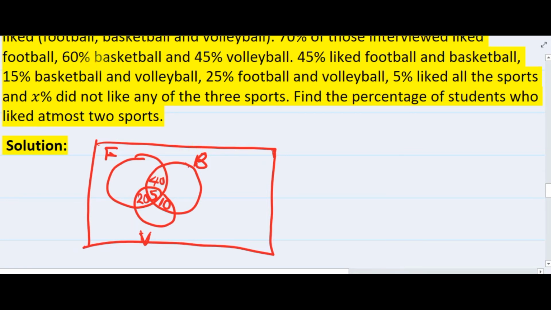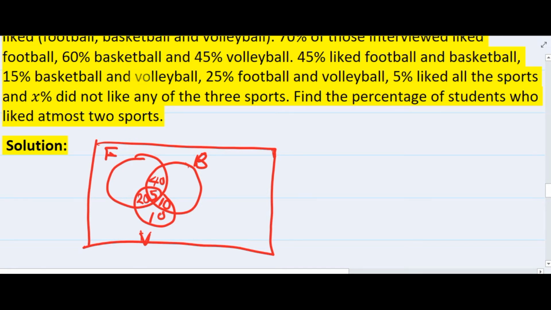Okay, we are now in only. 45% liked volleyball. But out of it, 5 liked all the sports, so we need to subtract all this from 45. This is 35, and 45 minus 35 is 10, meaning 10 liked only volleyball.